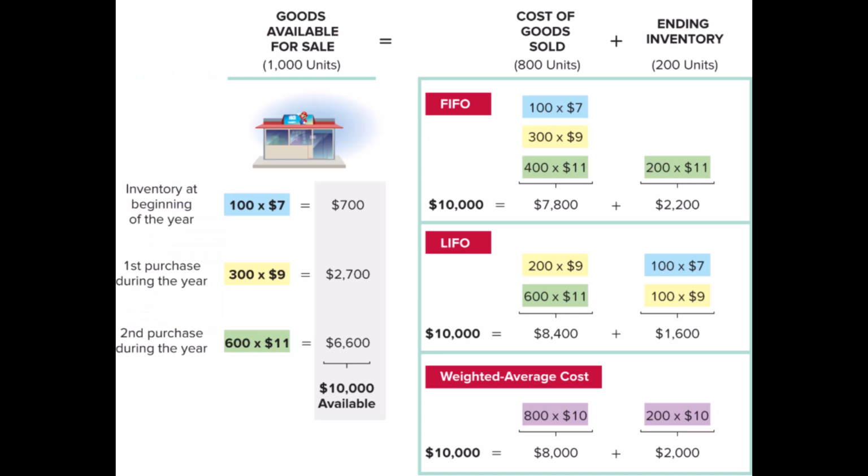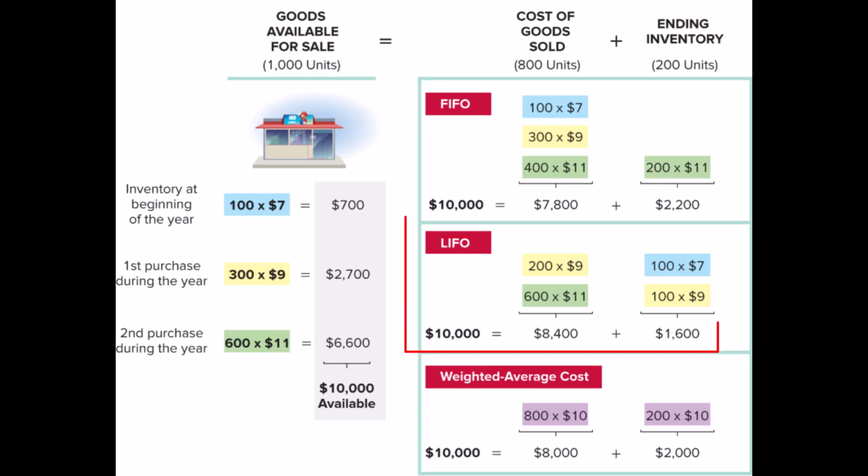Let's step back and look at the results. We started with the same $10,000 of goods available, but each of our 3 methods gave us a different cost of goods sold and a different ending inventory. This diagram is the perfect summary. On the left, we have our total pool of inventory available. Under FIFO, we get a cost of goods sold of $7,800 and ending inventory of $2,200.